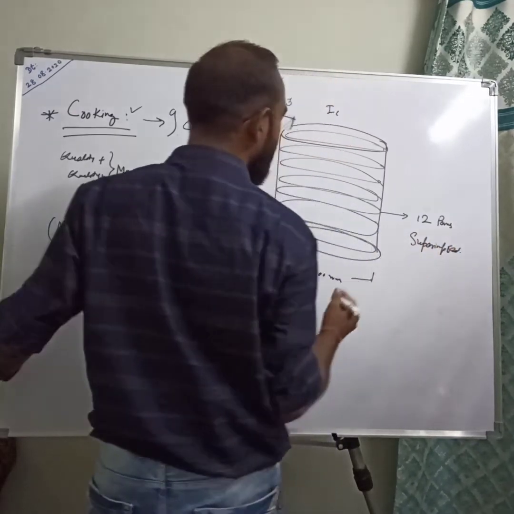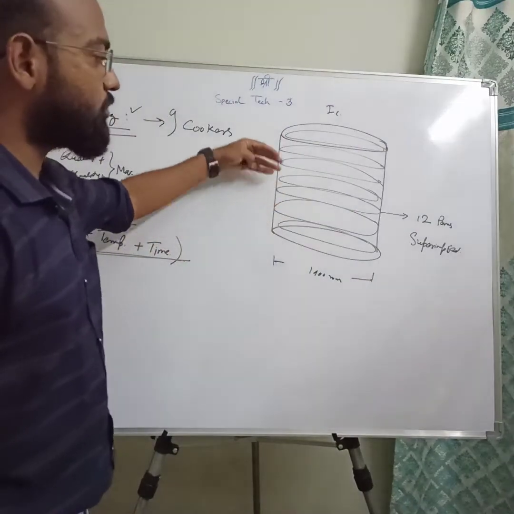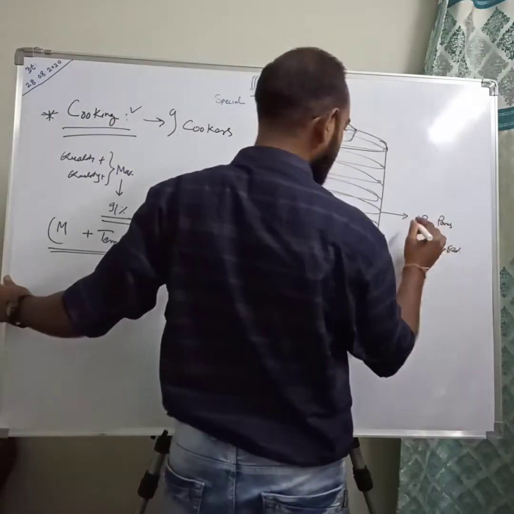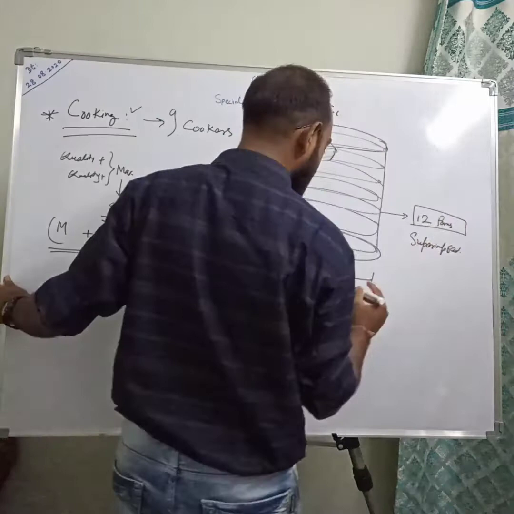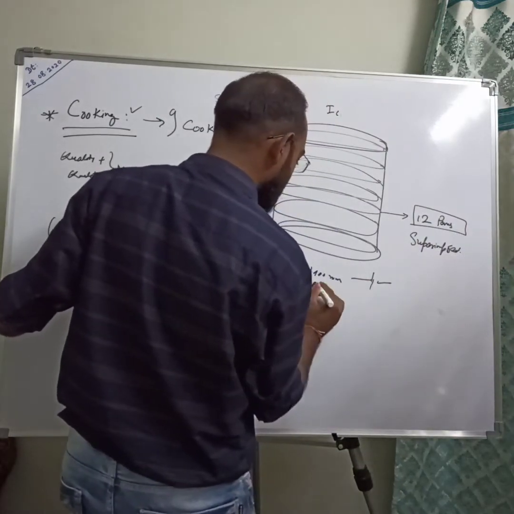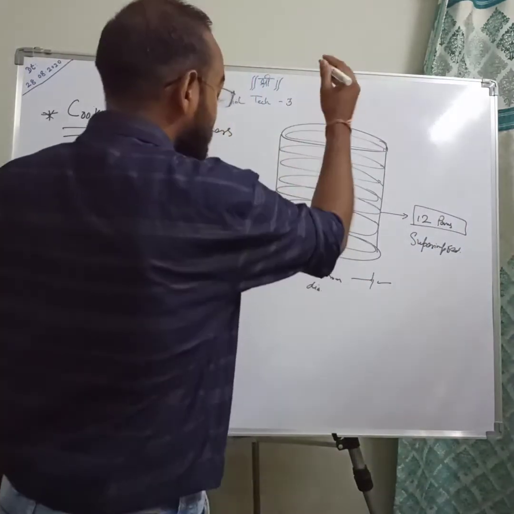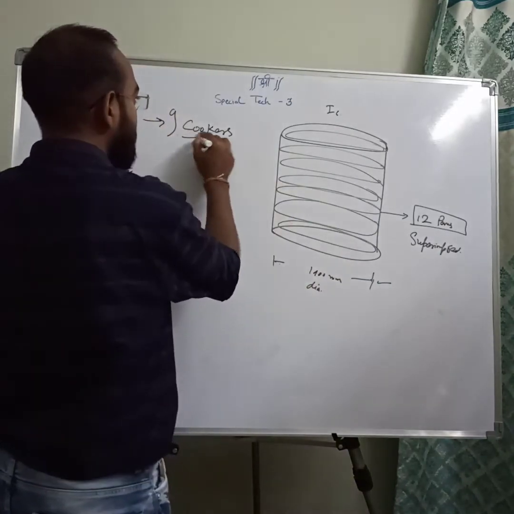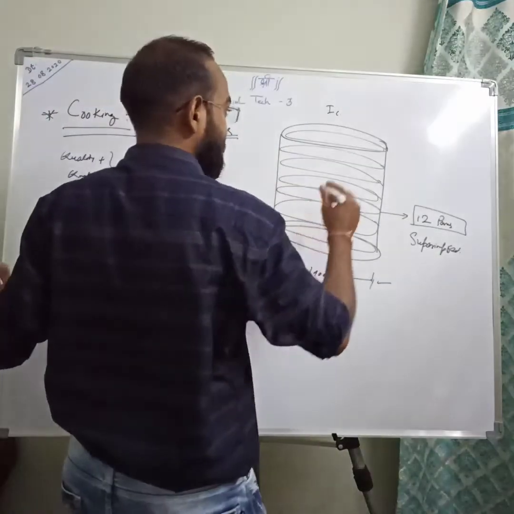Superimposed means they are placed one above the other in this manner. Diameter is 1900 mm. It is a tall vessel or tall equipment, the cooker.